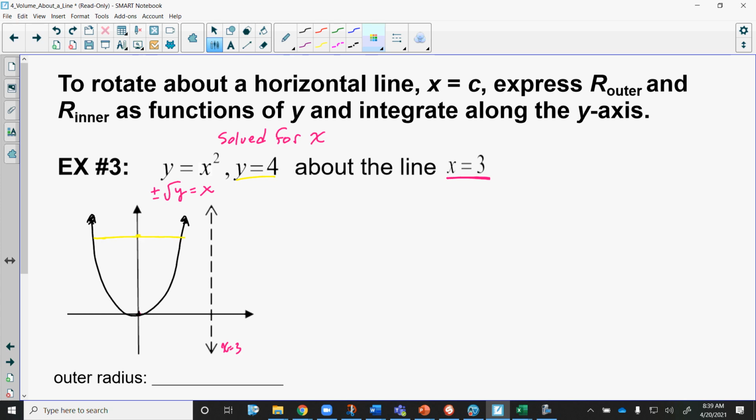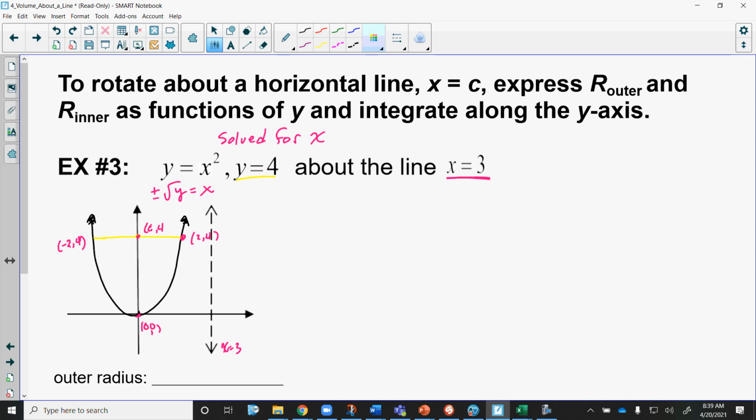So that means we will have points when y is 4, x is going to be either a positive or negative 2. So this will be at 2, 4. This will be at negative 2, 4. This is at 0, 0. And this is going to be at 0, 4.